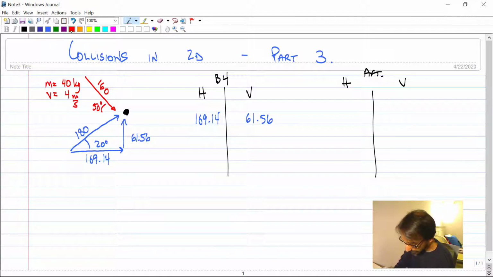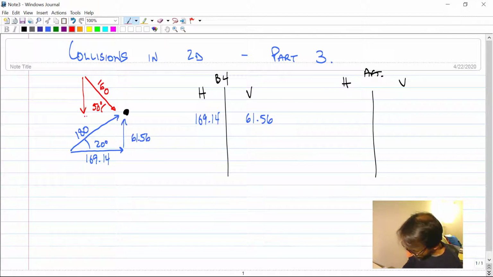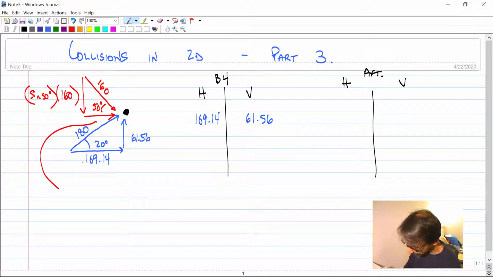In red, I've got this, and I've got this. So in this case, this is going to be the sine of 50 degrees times 160. And this down here is going to be the cosine of 50 degrees times 160.